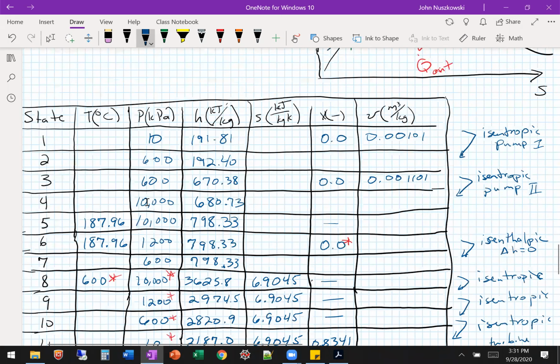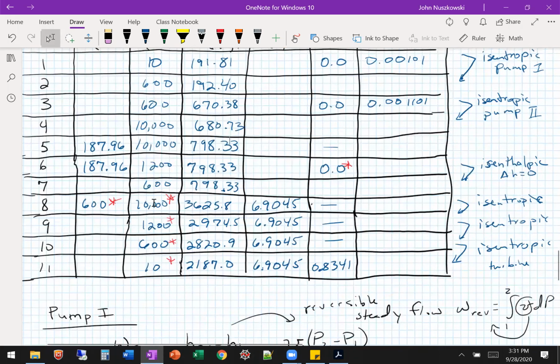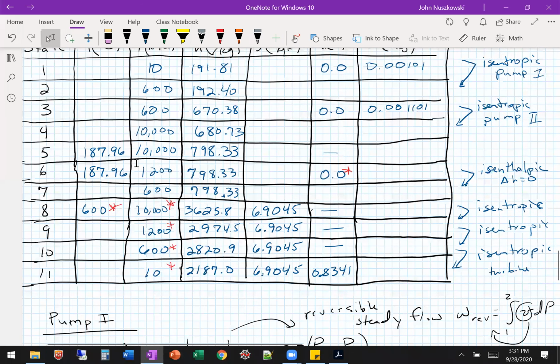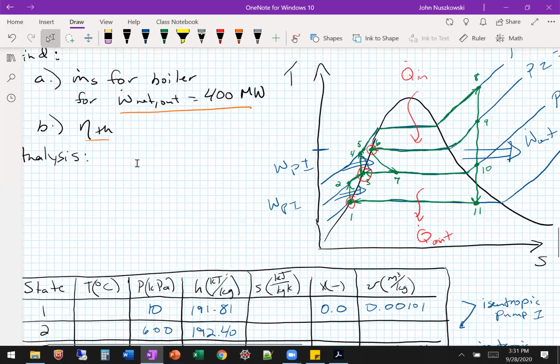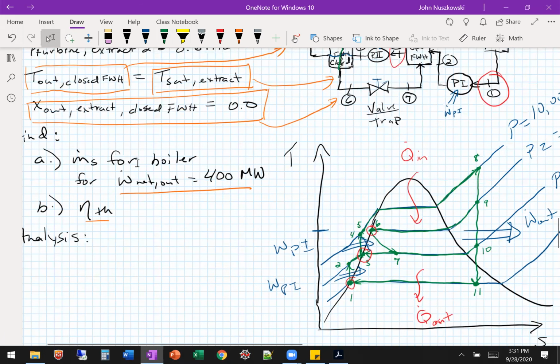All right, so we have every enthalpy, so we have state information. So we should be able to get a thermal efficiency and anything else we need for this problem, okay? All right, but that's part B. The first part is the mass flow rate of steam for the boiler for work net out equal to 400 megawatts. Any ideas?